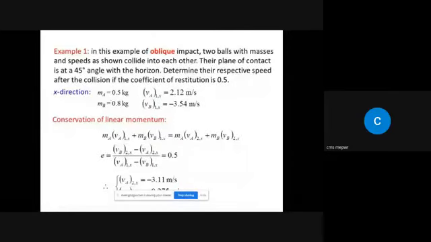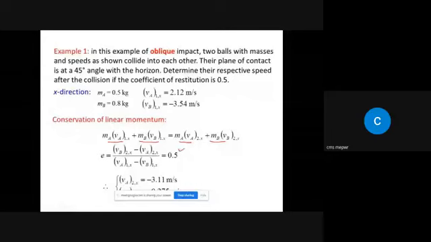According to conservation of linear momentum, the momentum of particle A plus the momentum of particle B before the impact should equal the momentum of particle B plus the momentum of particle A after the impact. Similarly, we also have the coefficient of restitution, which is equal to 0.5.